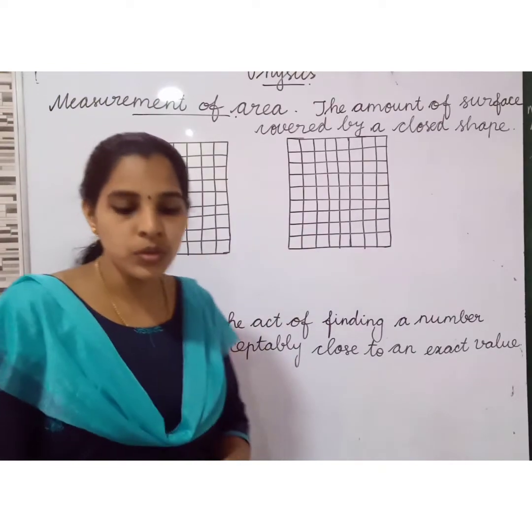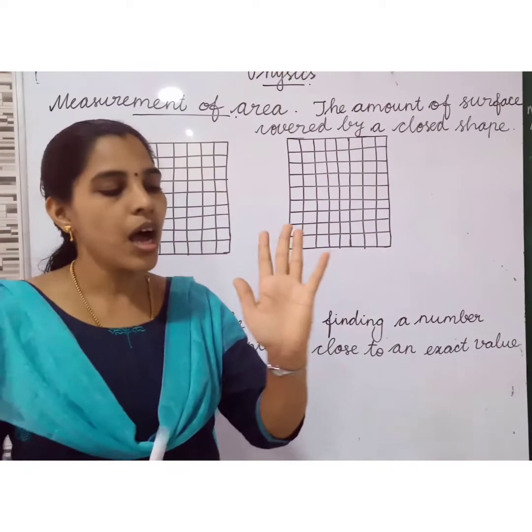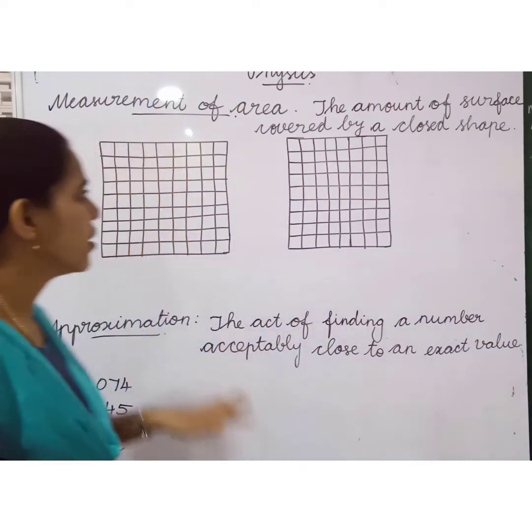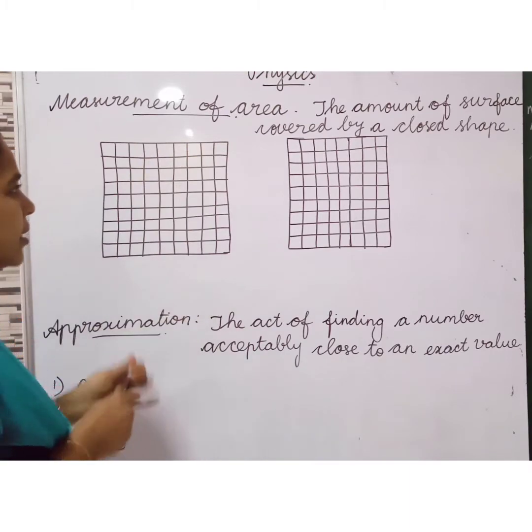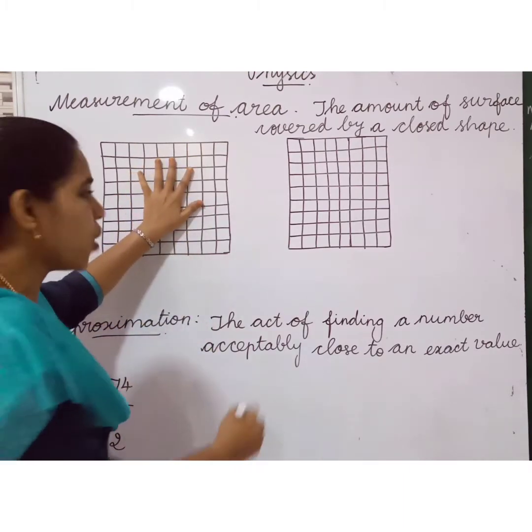Shall we measure now? Listen here. First we have to take our hand. How to measure the area of our palm? We have to keep our palm here, then draw the outline.